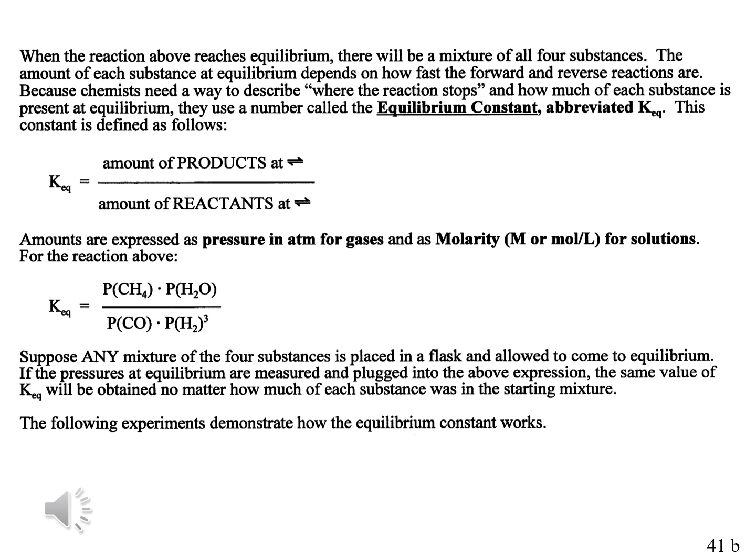If you allow the reaction to come to equilibrium and measure the amounts of each of the substances left at equilibrium, and then plug in the amounts, you will get the same value of KEQ no matter what initial mixture you started with. You could start with all reactants, all products, or a mixture of all four. But when it comes to equilibrium, KEQ will always be the same number, and that's the reason why it's called a constant.